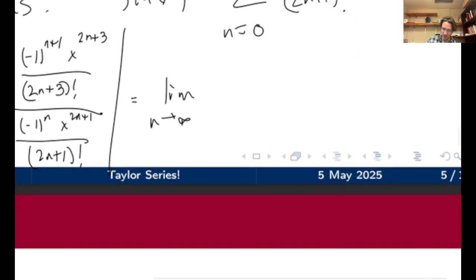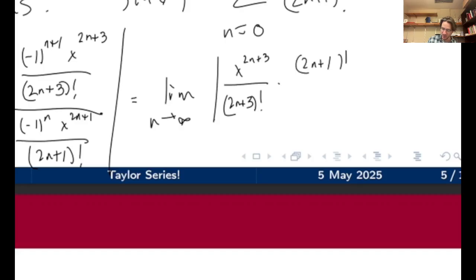The negatives just go away, and what am I left with? x to the 2n plus 3 over 2n plus 3 factorial times 2n plus 1 factorial over x to the 2n plus 1. So we get lots of cancellation there, everything except for an x squared up here.